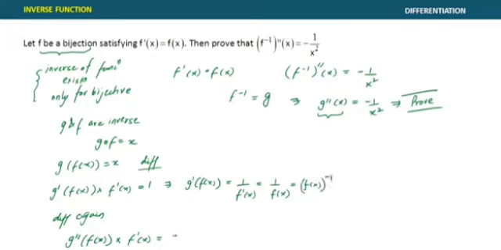So this will be minus 1 fx raised to power 2, into the derivative of fx, that is the chain rule, you will get f dash x. You can clearly see that f dash x and f dash x get cancelled out. So what is left with us? Let me rewrite it again. g double dash fx is equal to minus 1 by fx whole square.